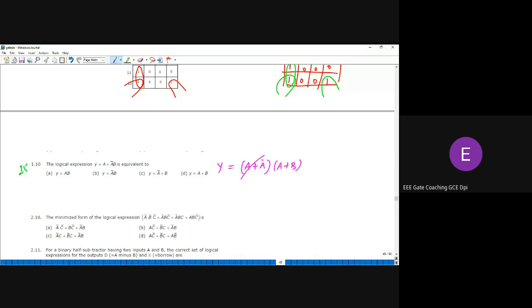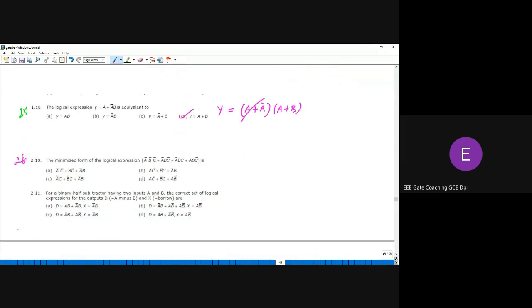So my y is A plus B. 26. Minimized form of this one: A bar B bar C bar plus A bar B C bar plus. Minimized form answer.